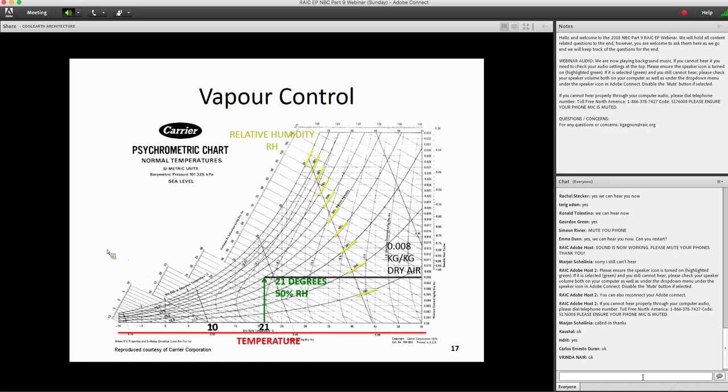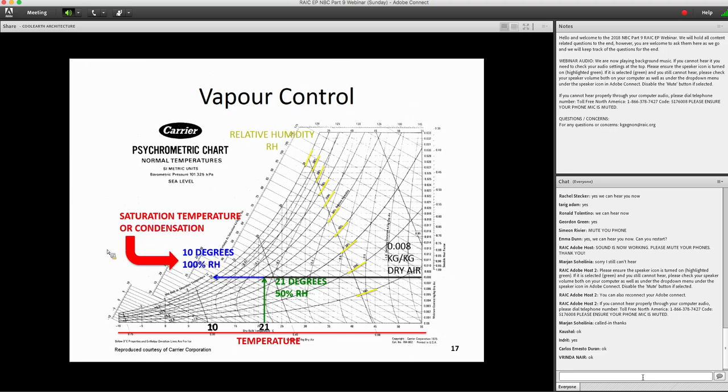We were talking about this glass that has 50% relative humidity at 21 degrees. And this is the absolute amount of water that this air has. If this air goes out to a lower temperature space or area, the relative humidity will get higher.